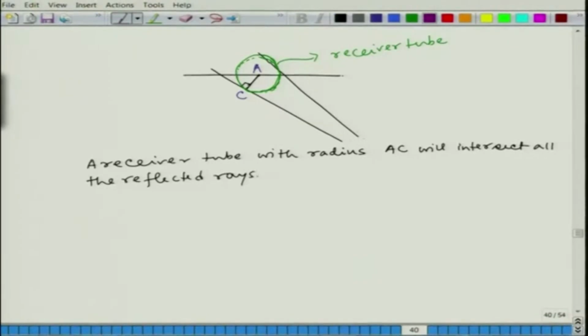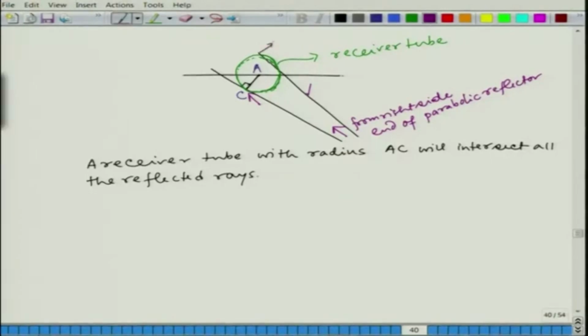From one end, so this is from the right side end of the parabolic reflector. Okay. So, from one end you see that this C point is the limit, and the other edge, which is this edge, will anyway intersect in the other part of the tube, okay, which is above.